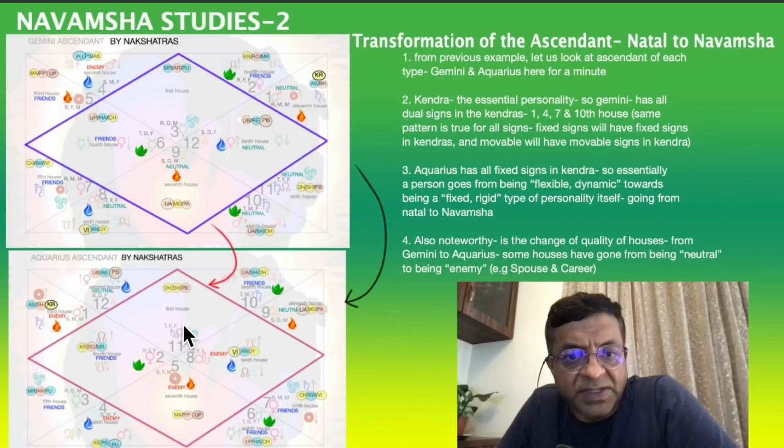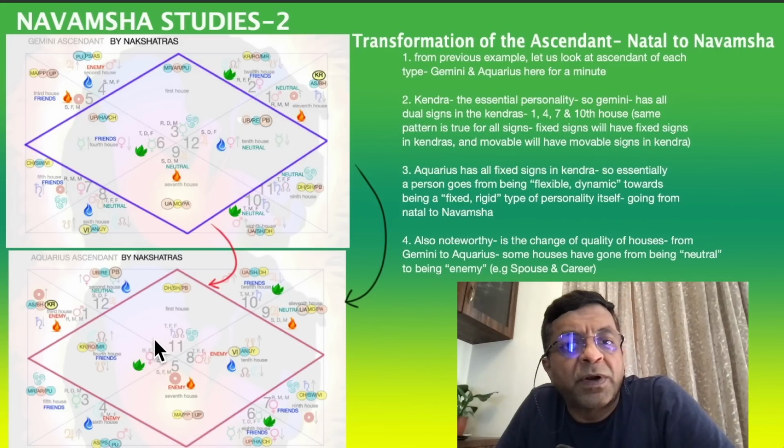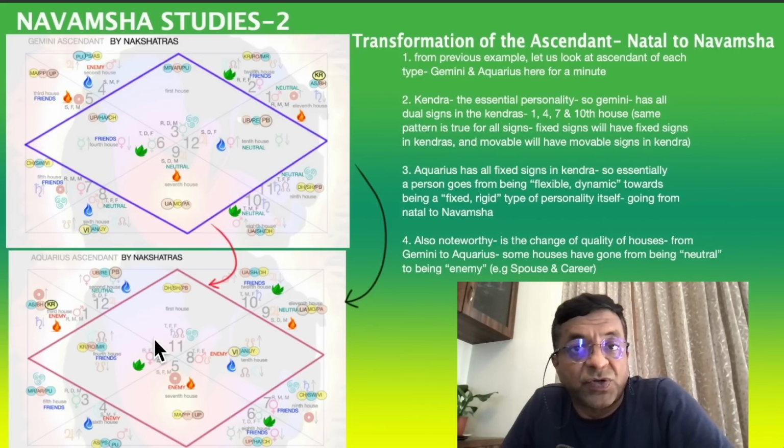Now you come to Aquarius, it becomes all about a fixed sign, again a fixed air sign. So it goes from a dual male sign, air sign, okay, Aquarius is also an air sign in this particular case, but it is tamasic. That was Aquarius looking for materialistic pursuits as opposed to Gemini, who's looking for mental pursuits.